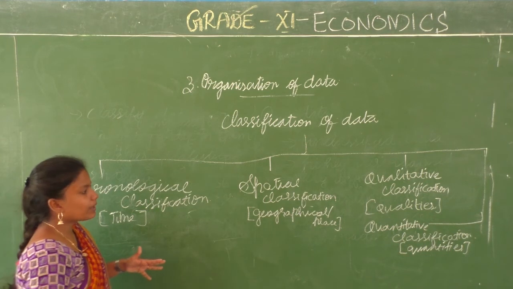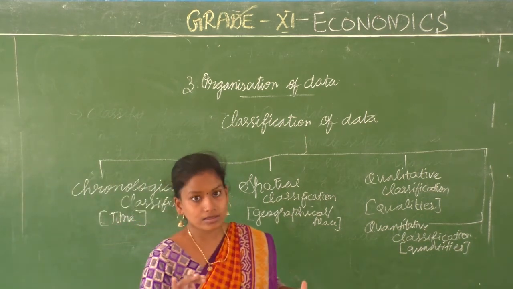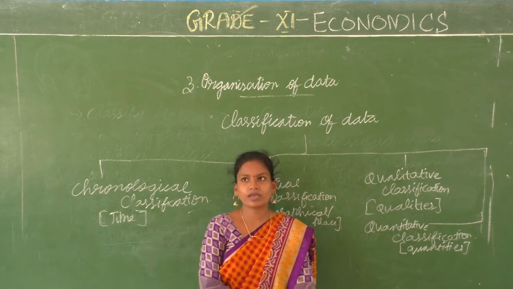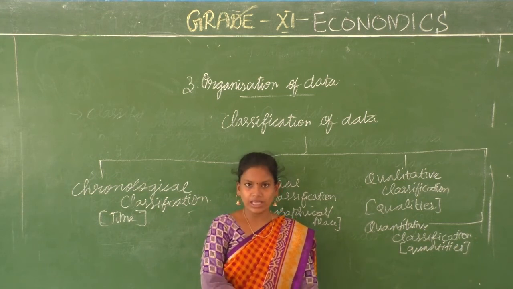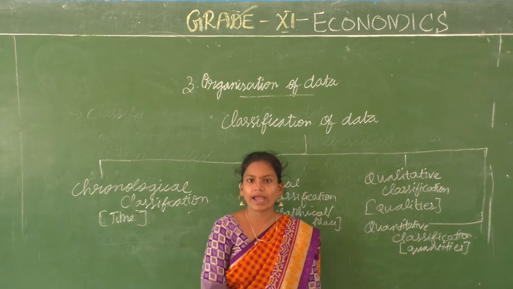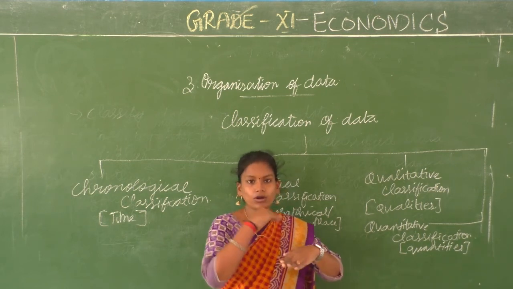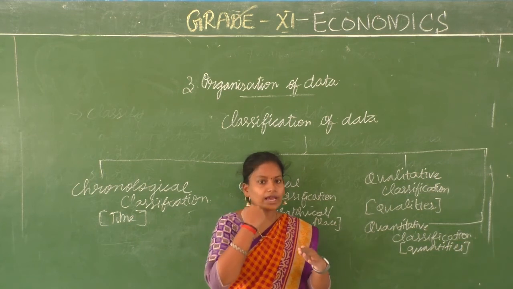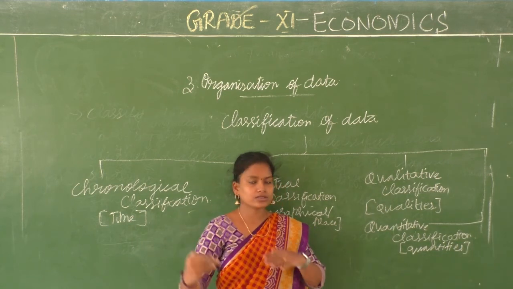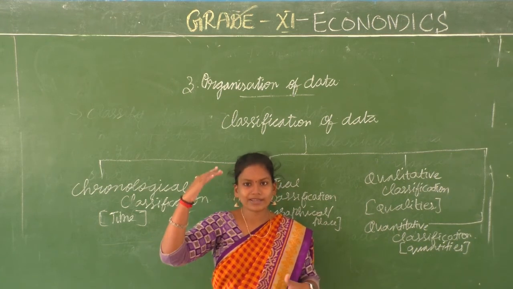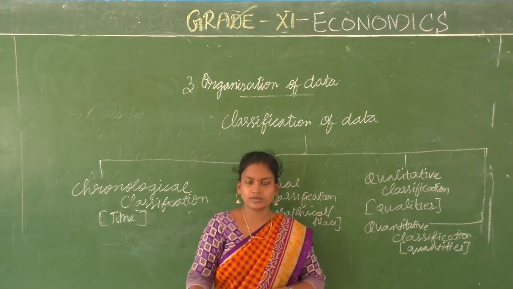One more example I will tell you. You have to answer this. I am going to ask you in your worksheet also. Okay. Your height you are measuring. Every year you are measuring your height and you are marking it. When I was 3 years old, my height was this. When I was 4 years old, my height was this. When I was 5 years old, my height was this. Like that, every year you are measuring your height and marking it.